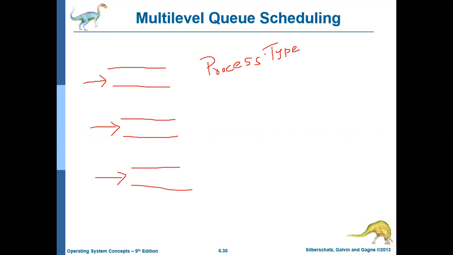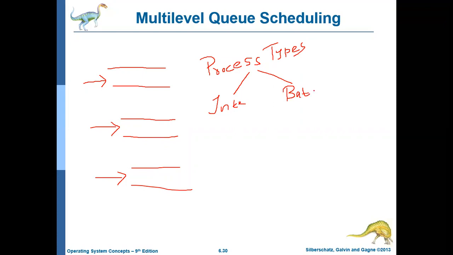Broadly, a process can be categorized into two types: the first one is interactive process, and the next one is batch process.